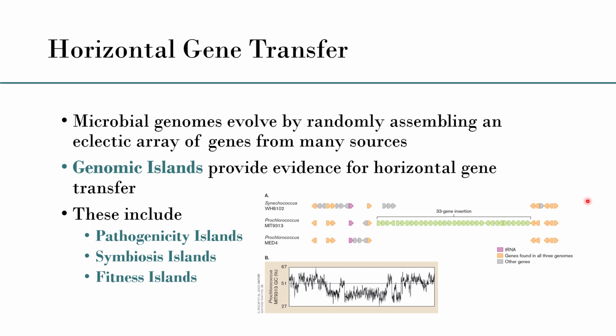So what we can do is take a look at a map of the CG content of a cell. We will say that, okay, the average CG content is about 53, 55% for this cell. But suddenly, this one region of the chromosome, the average GC content dropped down to like 30. So, why is this one so different from the rest of the cell?